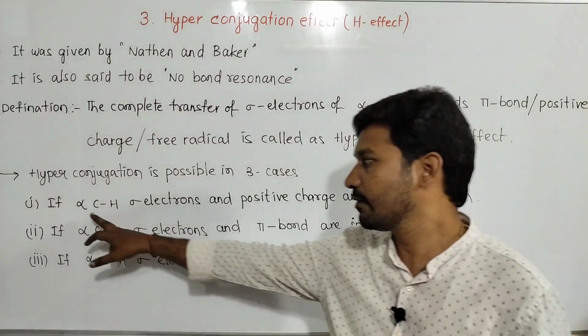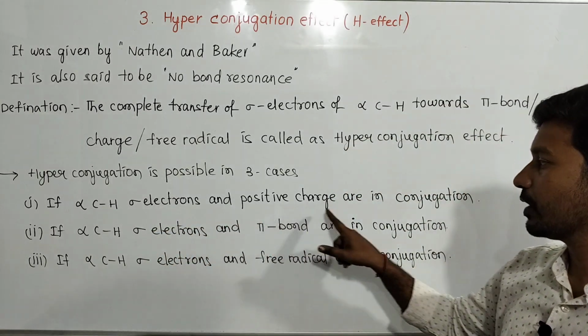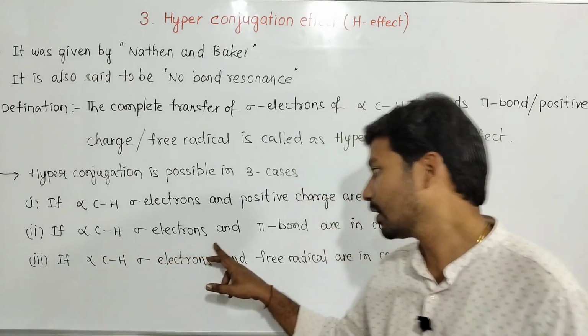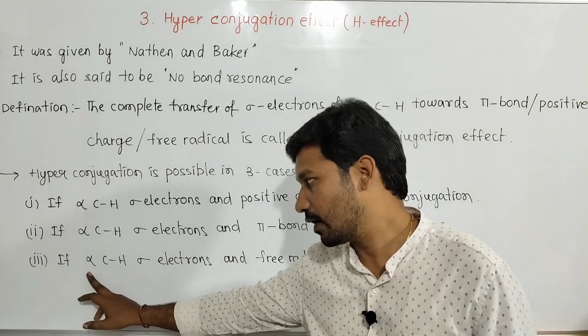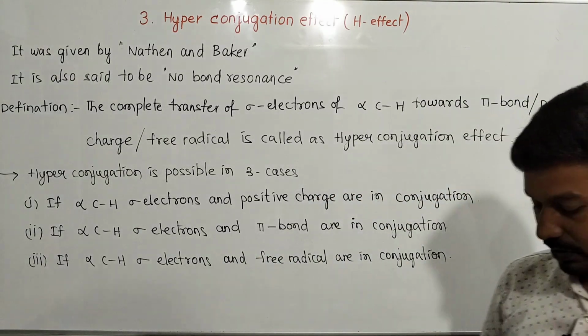Hyperconjugation is possible in three cases. Case 1, whenever alpha carbon C-H sigma electrons and a positive charge are in conjugation. Case 2, whenever alpha carbon C-H sigma electrons and a pi bond are in conjugation. Third case, whenever alpha carbon C-H sigma electrons and a free radical are in combination.